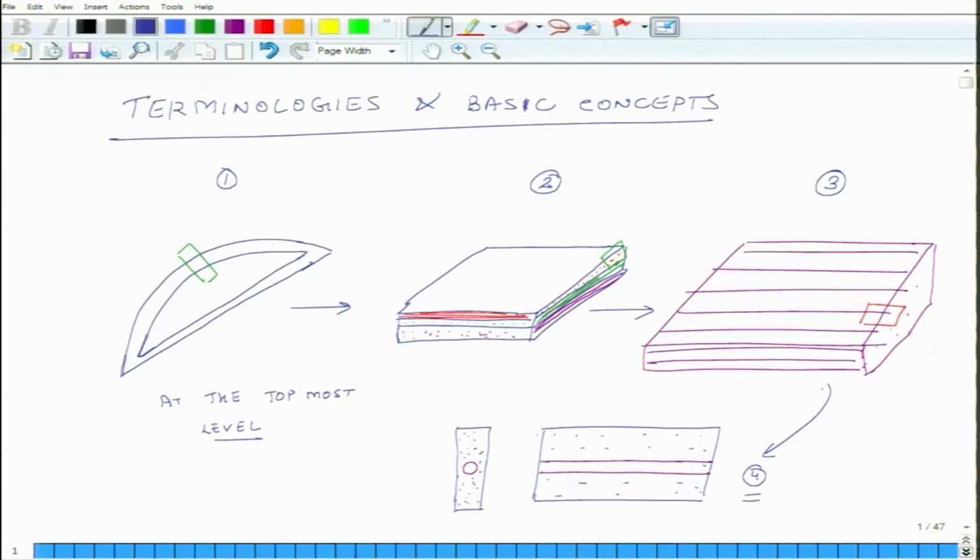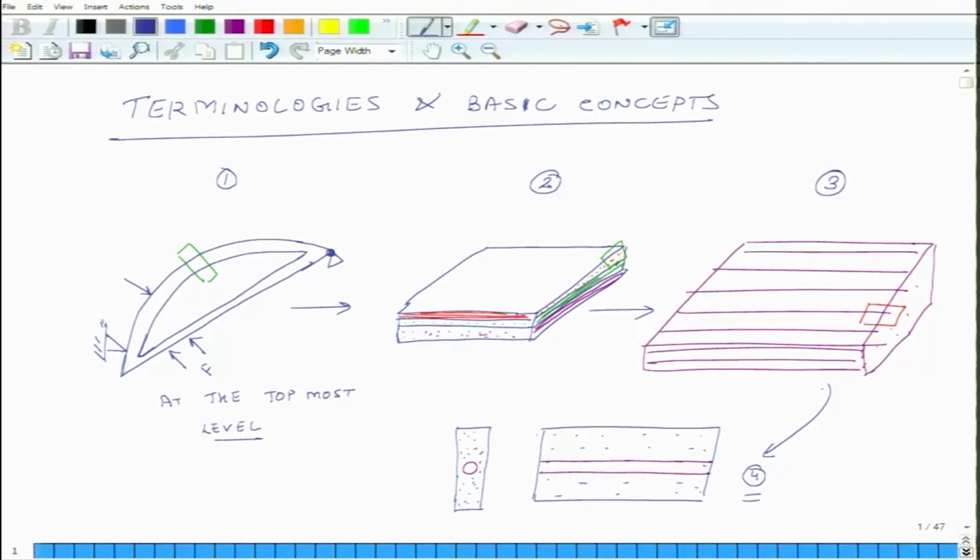What is our end goal? Our end goal is to understand the mechanics of the topmost level. We want to know that if I put a force on this and if I constrain it at this location, and maybe I put some force here and I constrain it at this location, what happens to the overall structure?